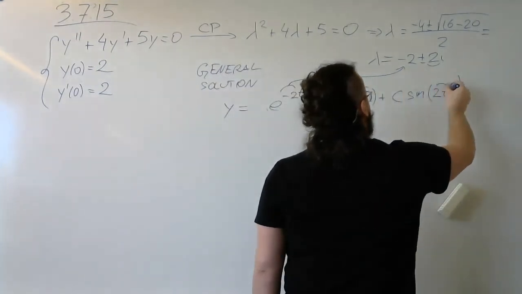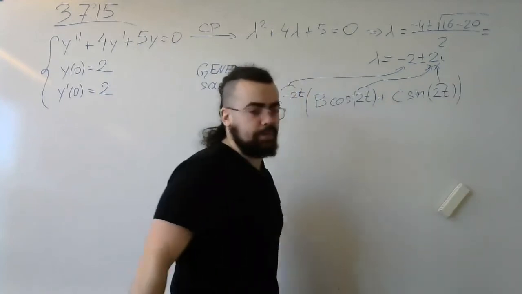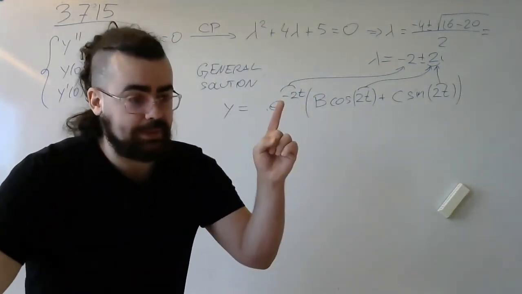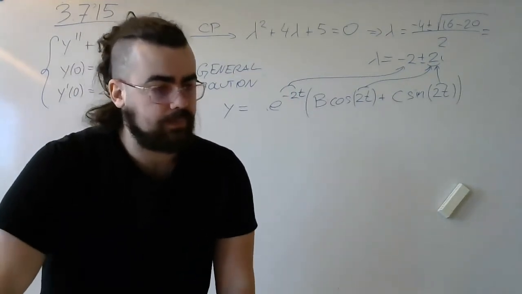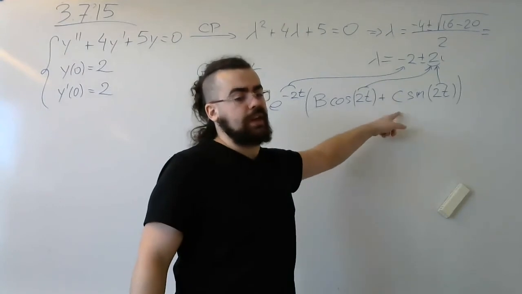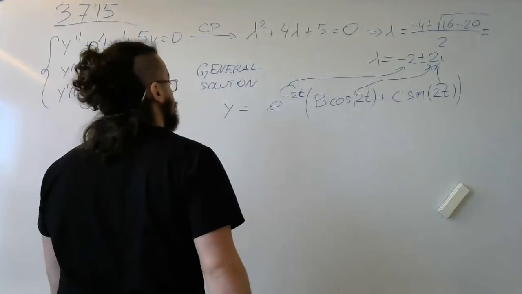The argument of the cosine or sine are the imaginary part with positive sign. If you were to consider negative sign, you would have to change sign in this constant, but that's not really relevant whatsoever.